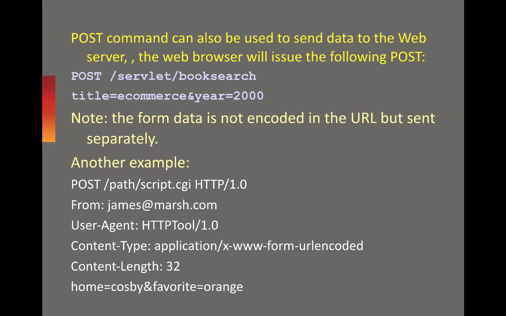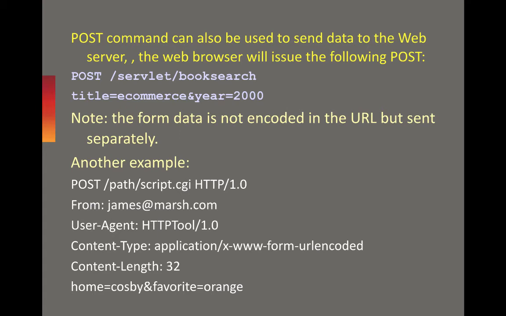In the POST command, you have firstly the POST command specifying the book search, which is the program that's going to receive the name value pairs, and then the name equals value pairs are sent separately. What I've just shown you is a simplification. In fact, there's a whole heap of what's often called header information being sent.